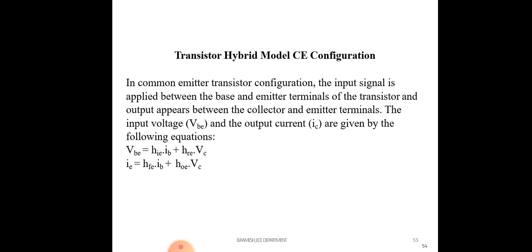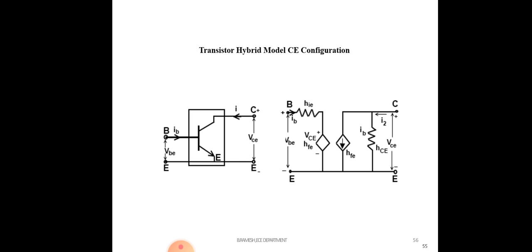For the output current, in place of IE it should be IC, because the output current is the collector current. You can write IC is equal to HFE IB plus HOE VCE. This is the configuration replacement by using the h parameter model.